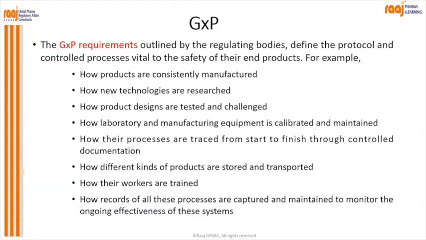So whenever you are in business, you have to think about advanced research, advanced technology, and how your product designs are tested and challenged, how the laboratory and the manufacturing equipment is calibrated and maintained, how your processes are traced from start to finish through controlled documentation.